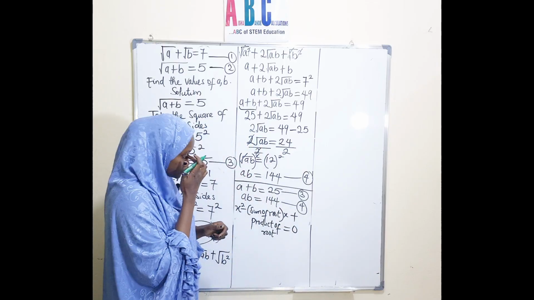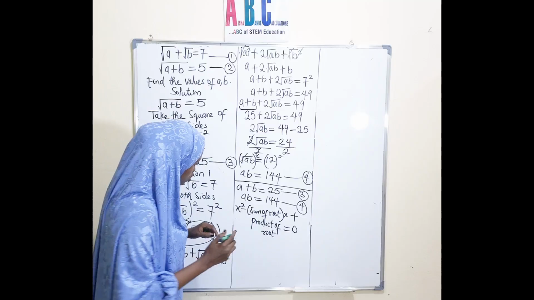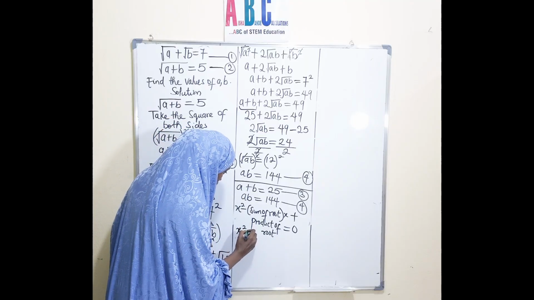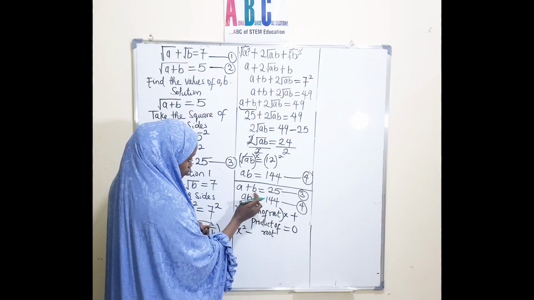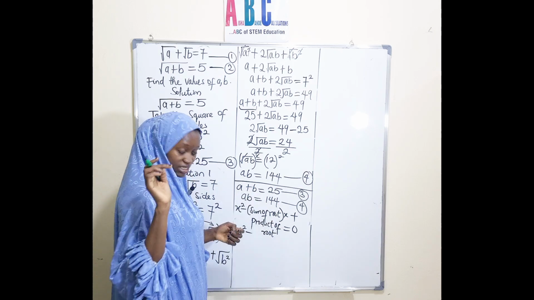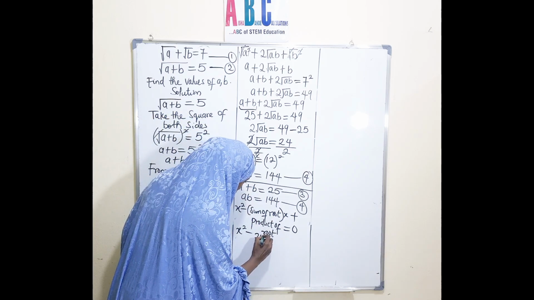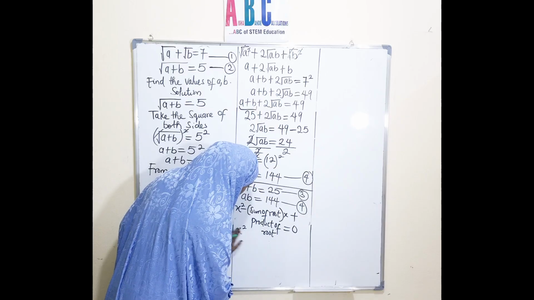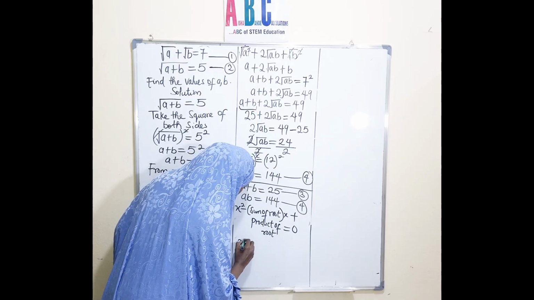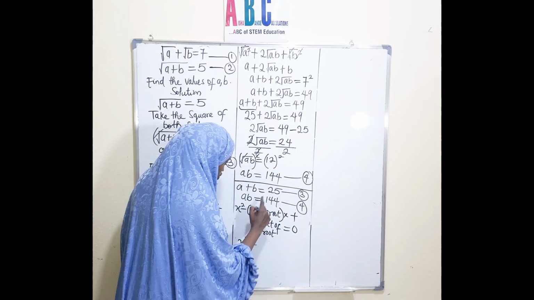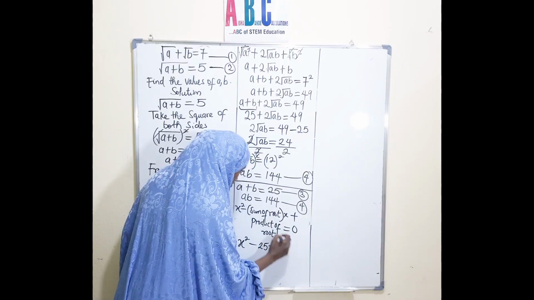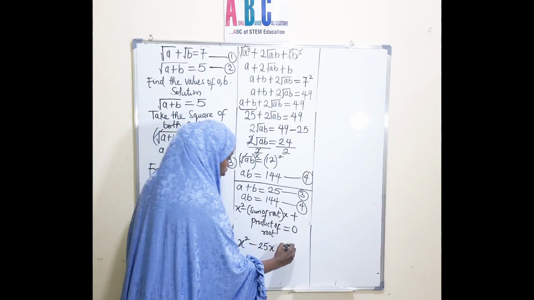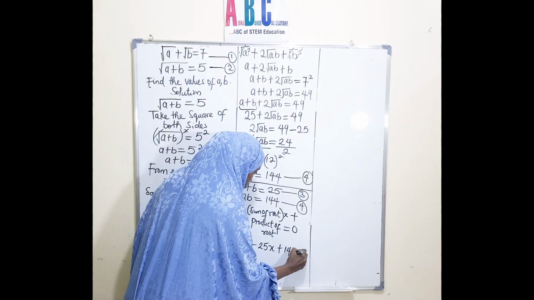So now let's substitute. Since we have the sum and the product, this becomes x squared minus the sum of the roots, that is a plus b. Sum means addition, right? So the sum is 25. So here we have x squared minus 25x plus the product a times b, which is 144, is equal to 0.